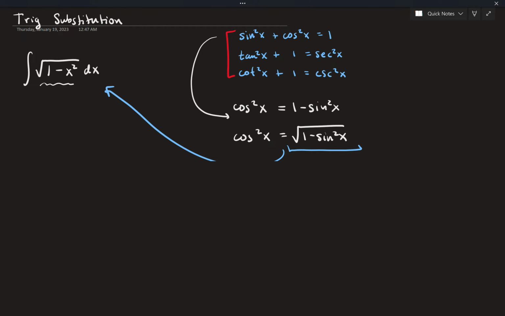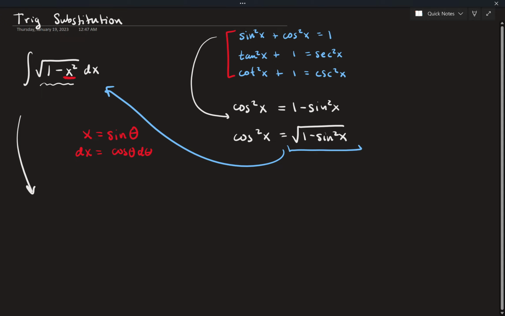And the substitution that you use will be exactly what's in the trig identity. So for this integral, if I let x equal the sine of my new variable, let's call it theta, what I want you to notice is that I can find what dx is right away. dx is cosine theta d theta. And the integral that I get is the square root of 1 minus sine squared, which we know is cosine.